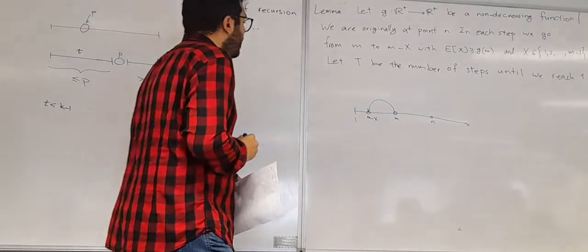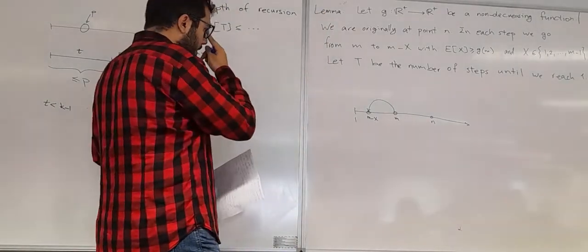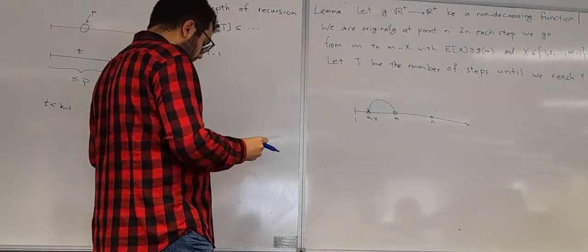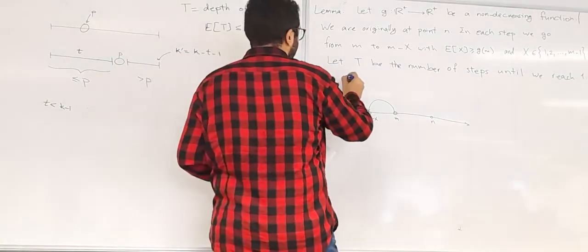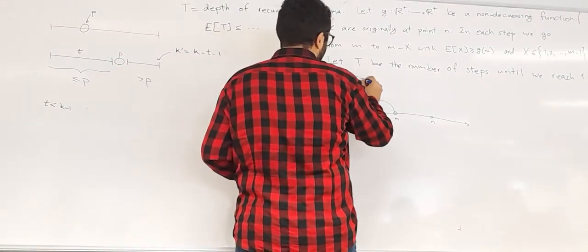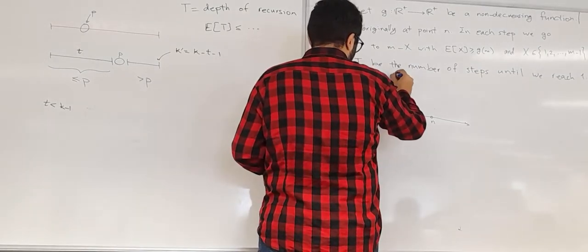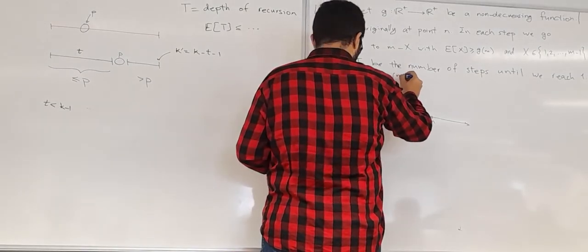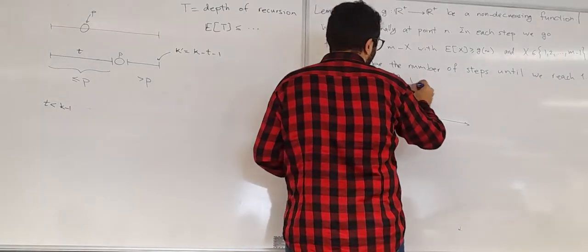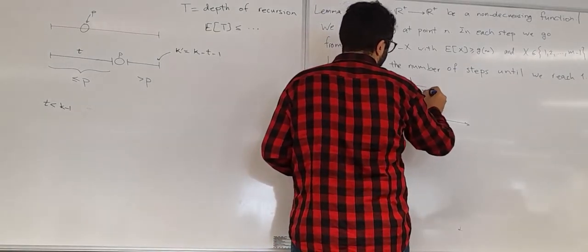Now I want to find a bound on t. And the bound is this. The expected value of t is at most the integral from 1 to n of 1 over g of x dx.